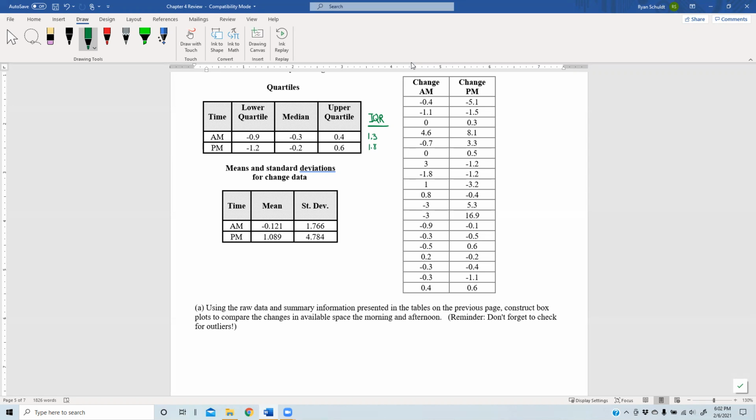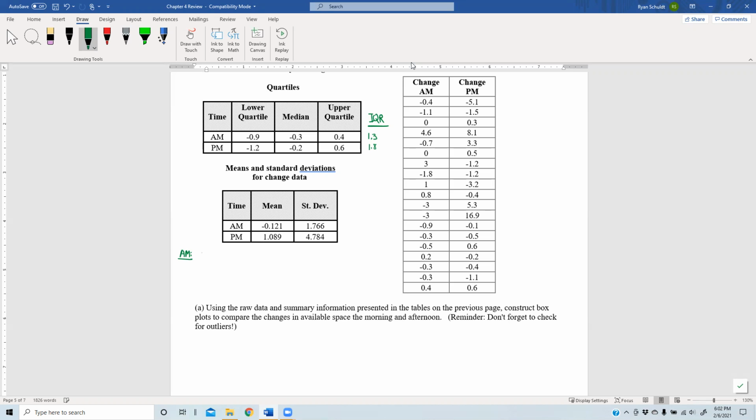Okay, now here's where the outliers come in. So let's focus on AM first. Let's do the most extreme outlier, the extreme one.